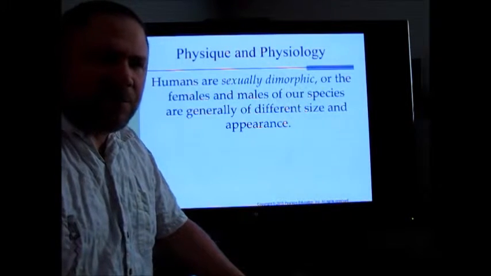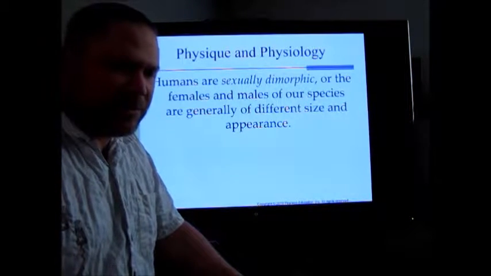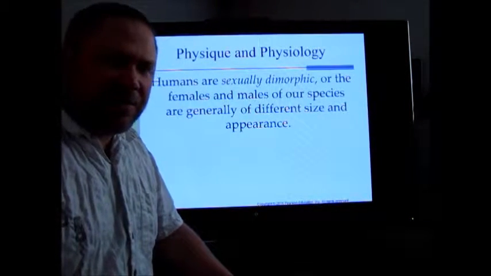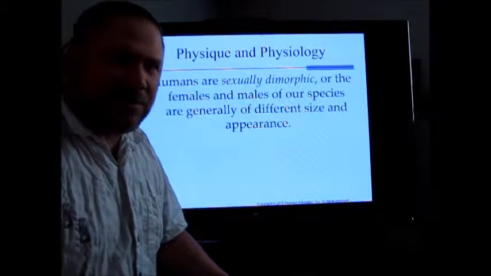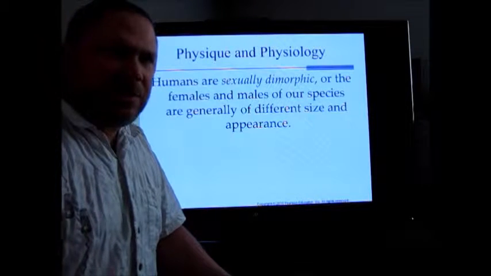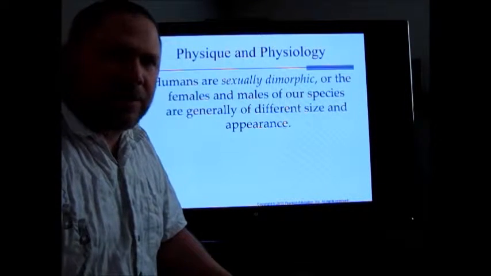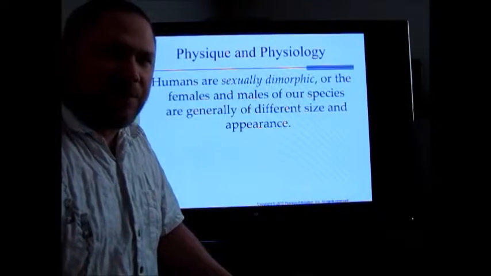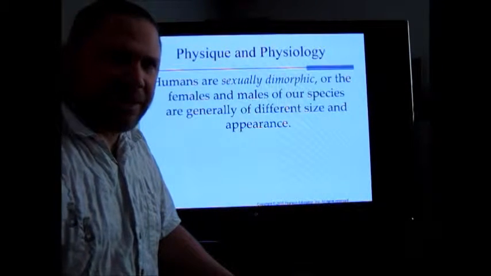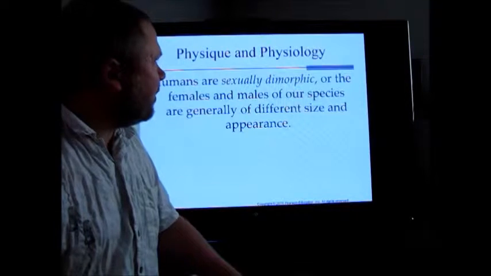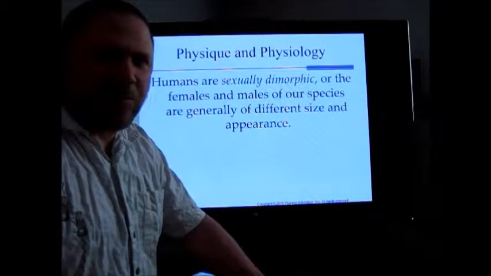Some animal species, you can't tell the difference really between the male and female of the species. Whereas with humans, there are differences in males and females in terms of physical appearance and biological makeup. So we would say that humans are sexually dimorphic.